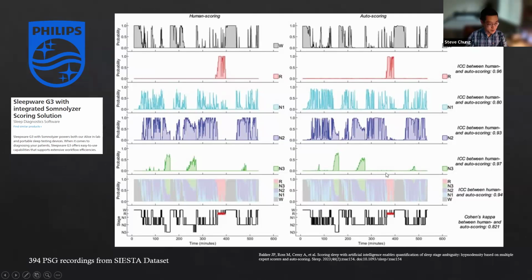And in this paper, they're describing the kappa value to be 0.82. So it's pretty darn good. Both of these data are obtained from a recording of 390 PSG data from the SIESTA data set.